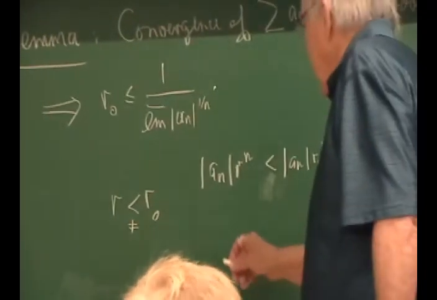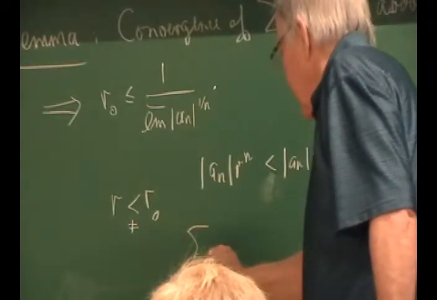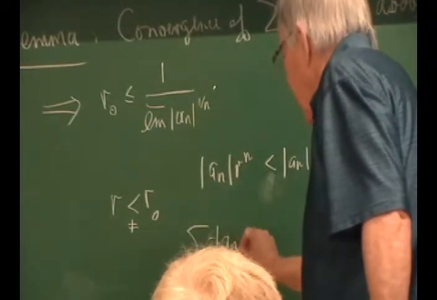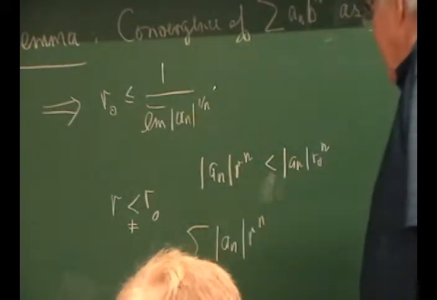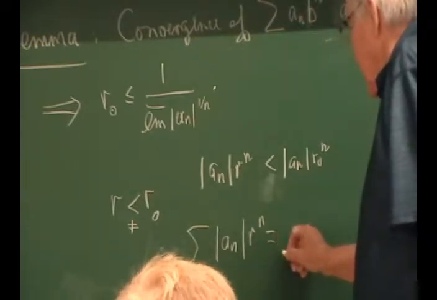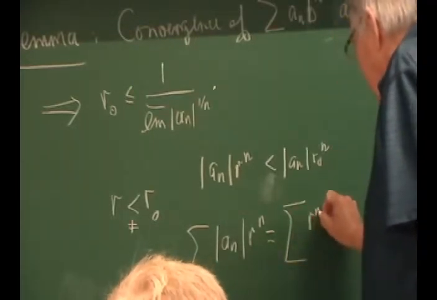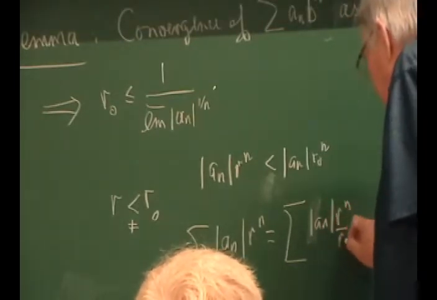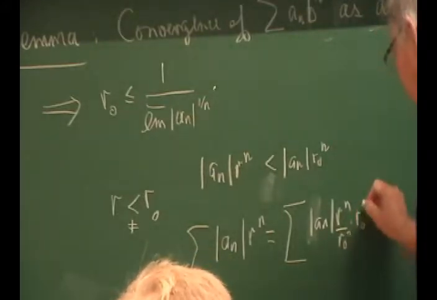So it says that the sum of a n r to the n is equal to the sum of a n r to the n over R0 to the n times R0 to the n.